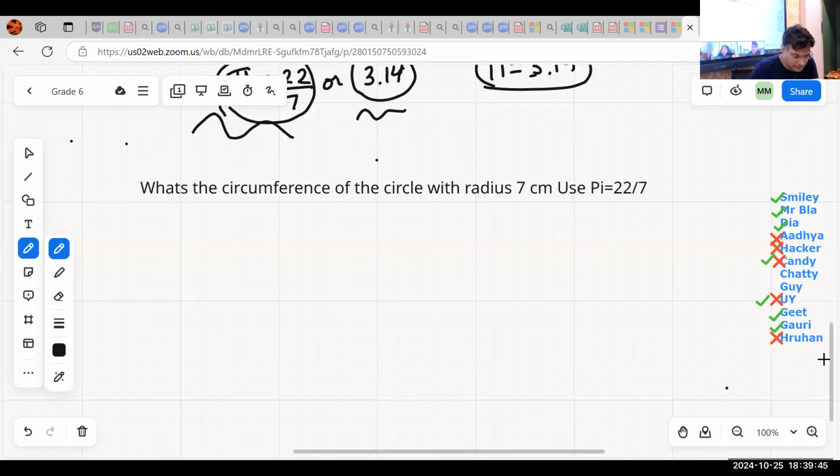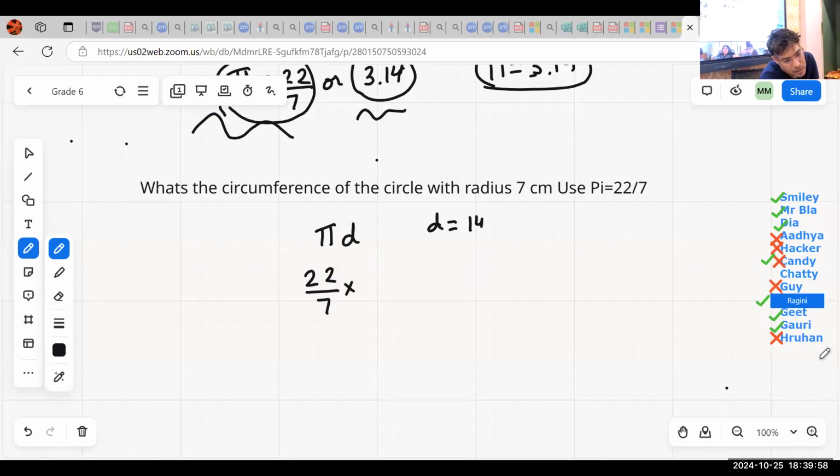So, it is pi d. I will use the formula pi d for you grade 6 kids. So, 22 by 7 and diameter is 14 centimeters. So, 22 by 7 times 14. So, it is 44 centimeters.